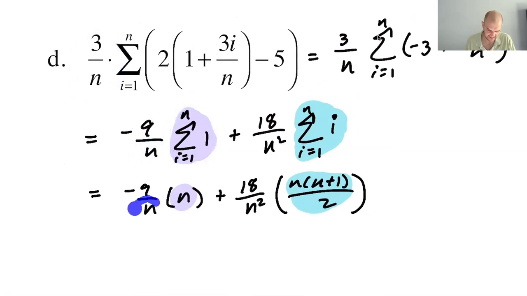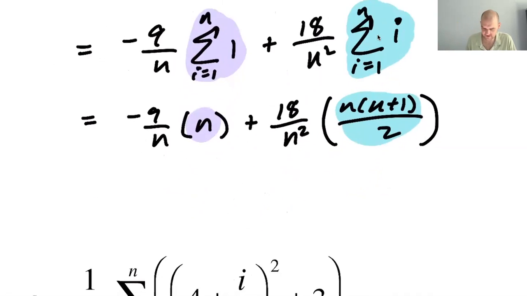So here, this n and this n are going to cancel, so I'm thinking I'm on the right track. And then here, this is going to ultimately give me an n squared, because it's n times n plus 1, that's n squared plus n. But n squared is the highest degree in the numerator, and the denominator here has n squared. So you're pretty much on the right track when that happens.